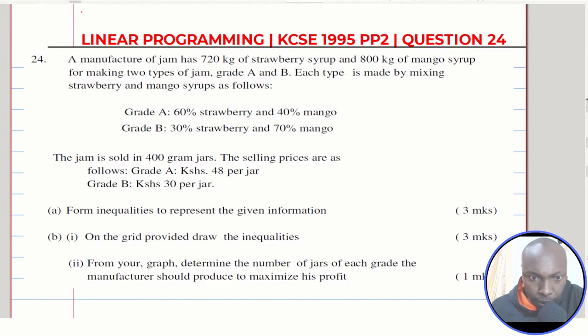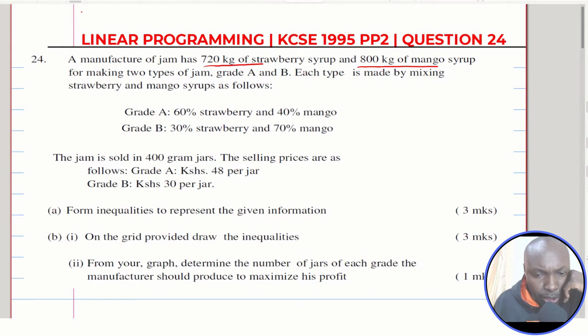One is this manufacturer has 720 kg of strawberry syrup and 800 kg of mango syrup, and that is what it has to use to make these two types of jam, grade A and B. For mixing purposes, for grade A, each jar has 60% strawberry and 40% mango. Then grade B, 30% strawberry and 70% mango.